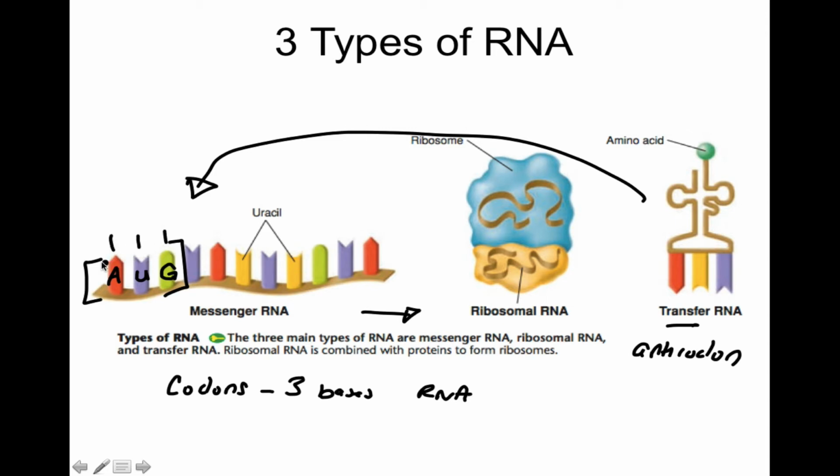So following our base pair rules, our A would pair with U, remember, because we're talking about a type of RNA. Our U would be paired up with A, and our G would be paired up with a C. So this would be tRNA's anticodon. And this is going to be important when we talk about the process of translation. But here are the 3 types of RNA.